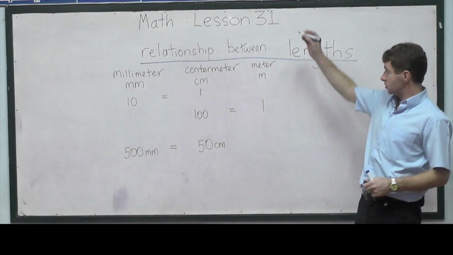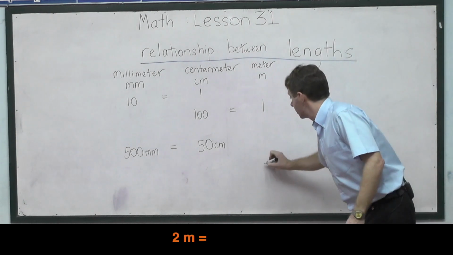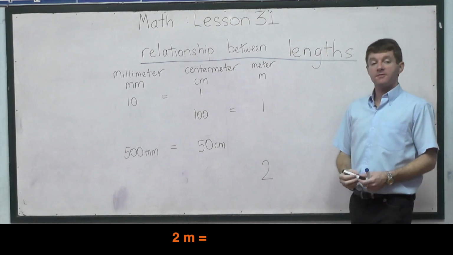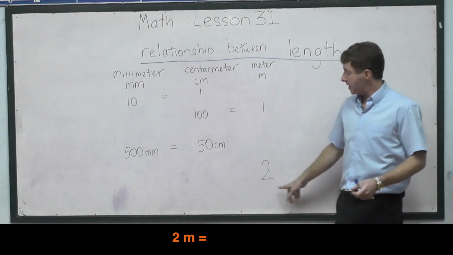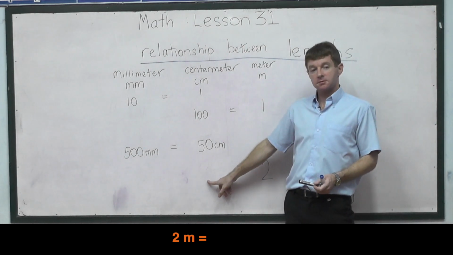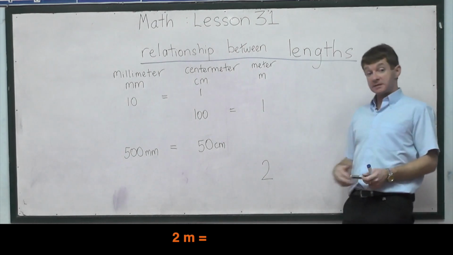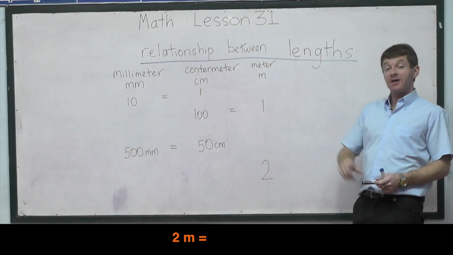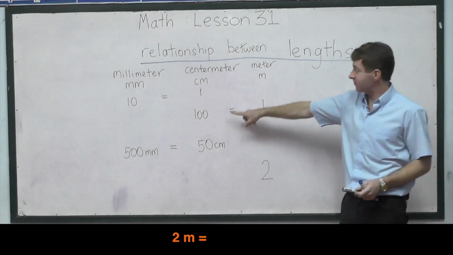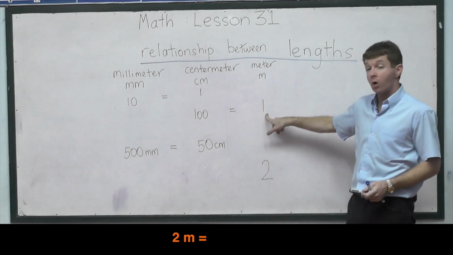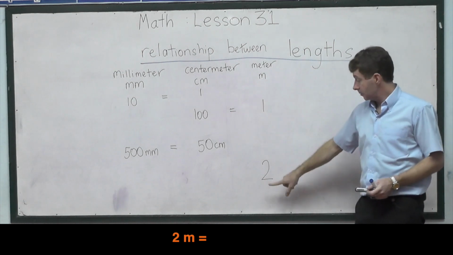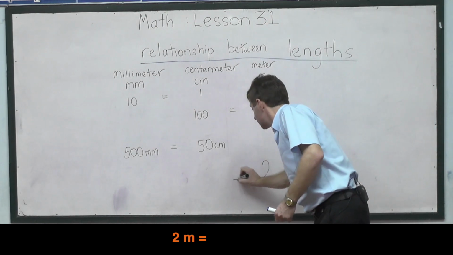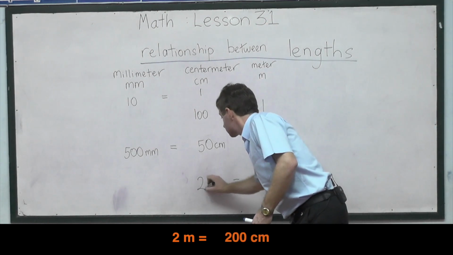But if teacher Wes says 2 meters, how many centimeters in 2 meters? 200 centimeters. Excellent. If 100 centimeters equals 1 meter, 2 meters equals 200 centimeters.